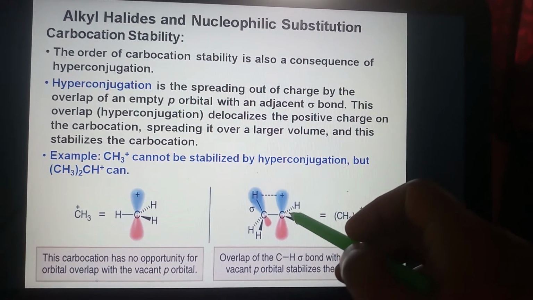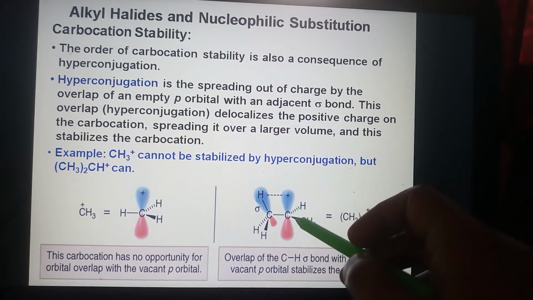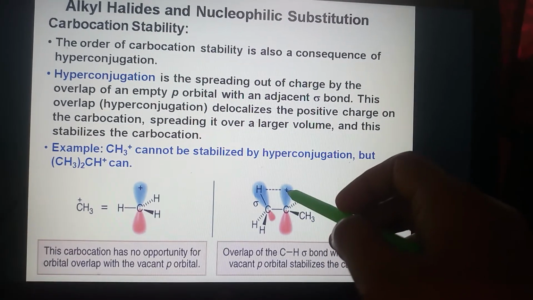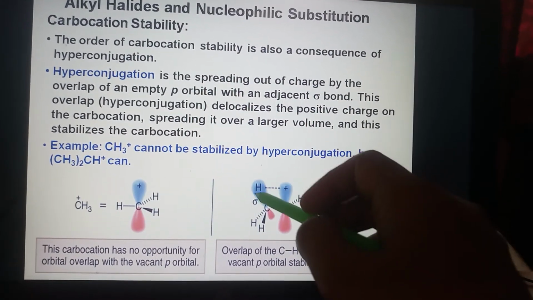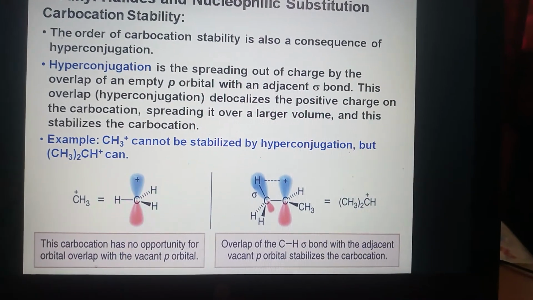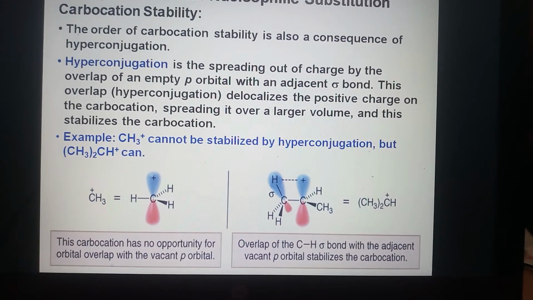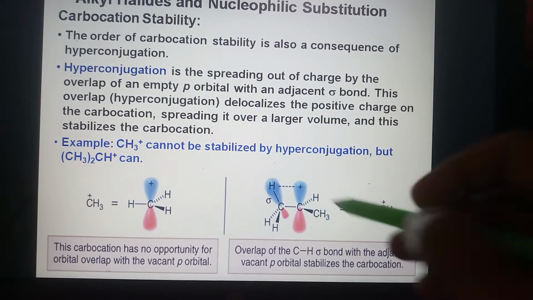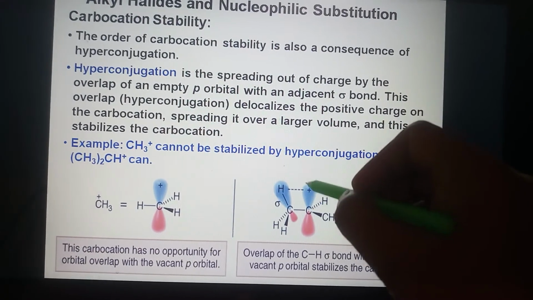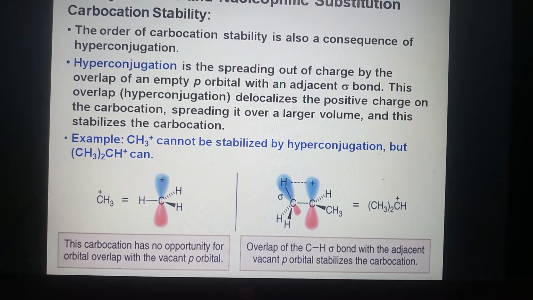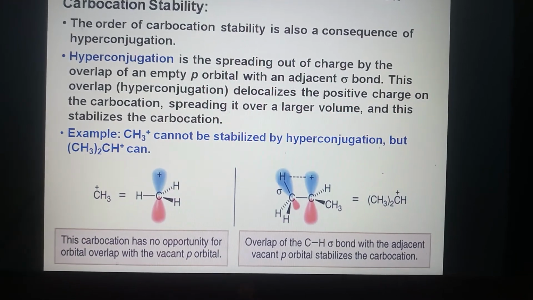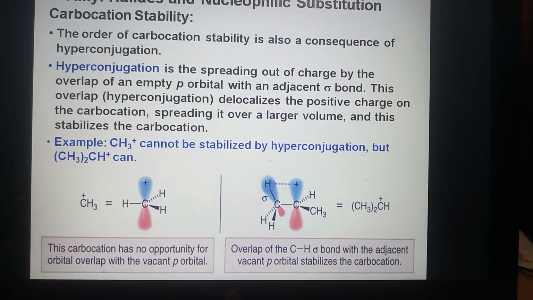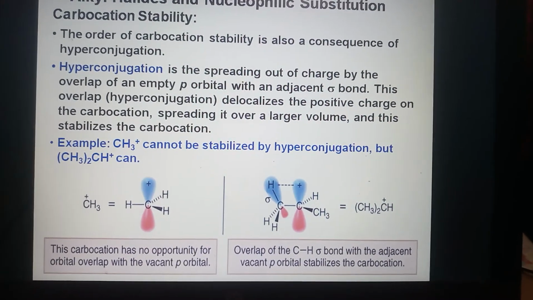But in the case of the secondary butyl cation, you can see that the positive charge can spread over the sigma bond, making this positive charge stabilized. So overlap of the C-H sigma bond with the adjacent vacant p orbital stabilizes the carbocation.